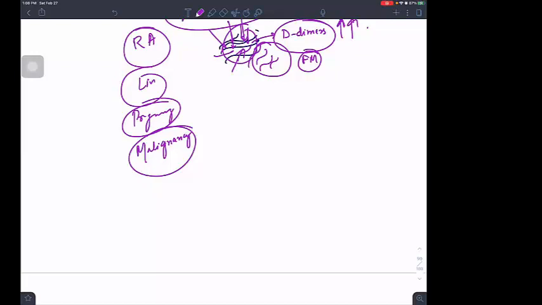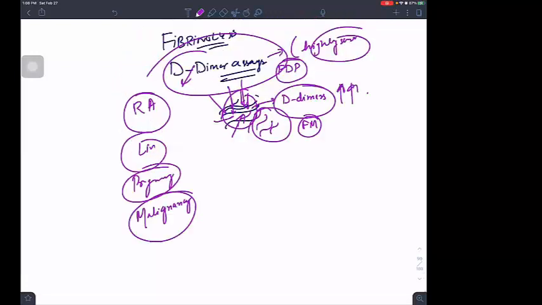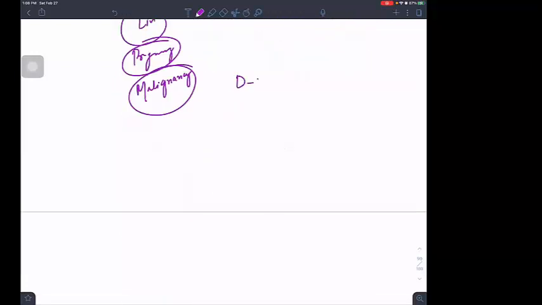So where are we using it clinically? We write the D-dimer test as an investigation for mostly which conditions in the hospital, like DVT. What is DVT? Deep vein thrombosis. And we are using the D-dimer in pulmonary thromboembolism, where a thromboembolism goes to the pulmonary circulation.